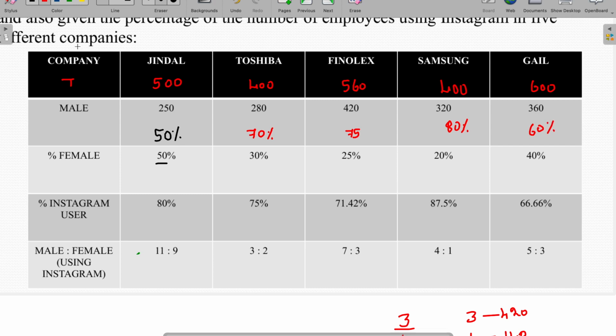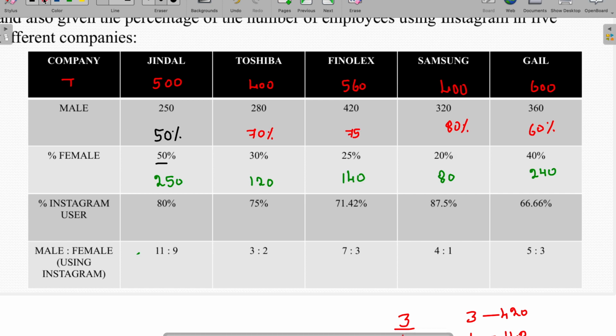Now that we know the totals, I can find the females. Of total 500, 50 percent means 250. 30 percent of 400 is 120. 25 percent of 560 means 140. 20 percent of 400 means 80. 40 percent of 600 means 240.